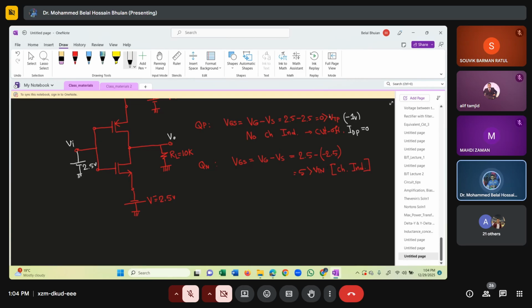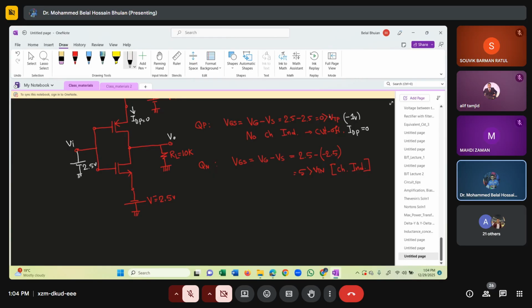We do the same thing for QN, VGS, VG minus VS, 2.5 minus 0, channel induced. Okay, so we have one with no channel, and another with a channel induced. So here IDP is equal to 0.